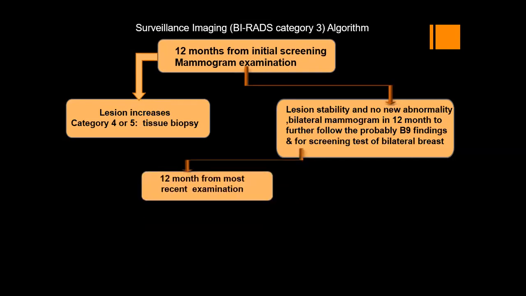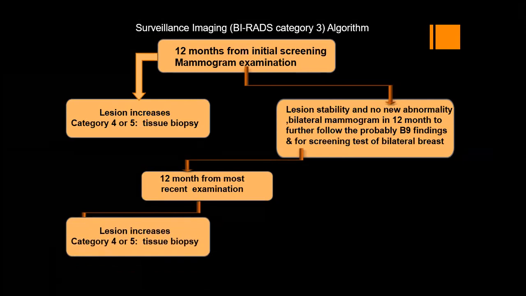It will be 12 months from the most recent examination, but it will be 2 years from the initial screening mammogram, and again will be evaluated. If the lesion increases, then it will be category 3 or 4 or 5, and then tissue diagnosis should be performed.